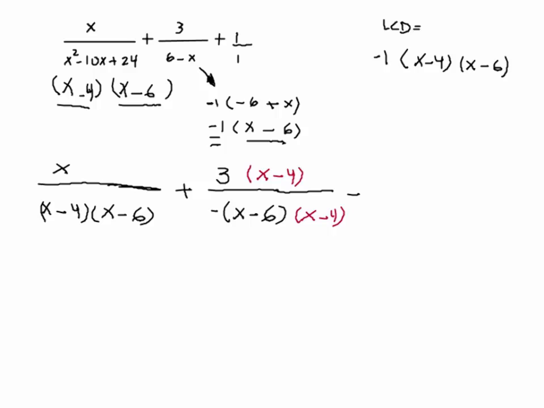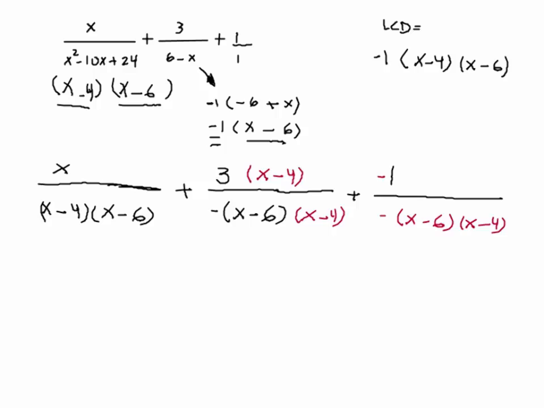Okay, how about the last term here? What do I have to multiply the last term with? You're missing the whole thing there, right? So we need to multiply the top and bottom of the fraction by minus x minus 6 times x minus 4.